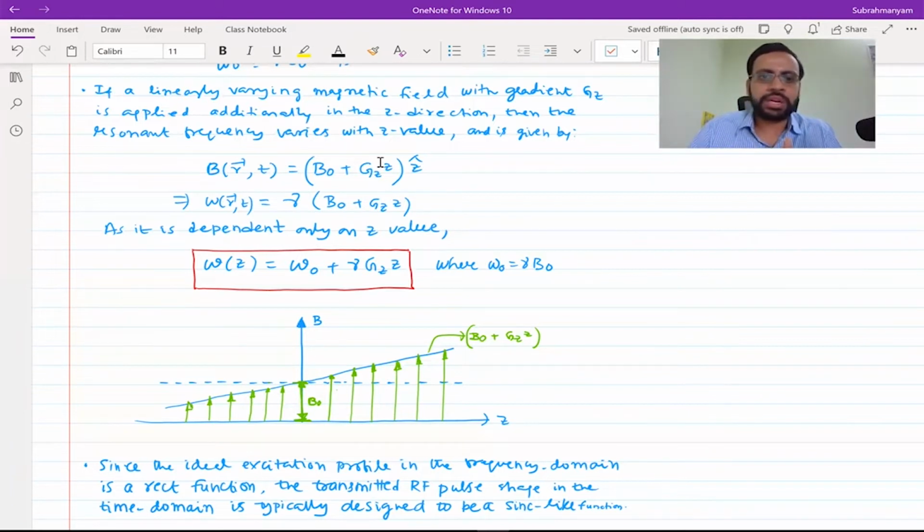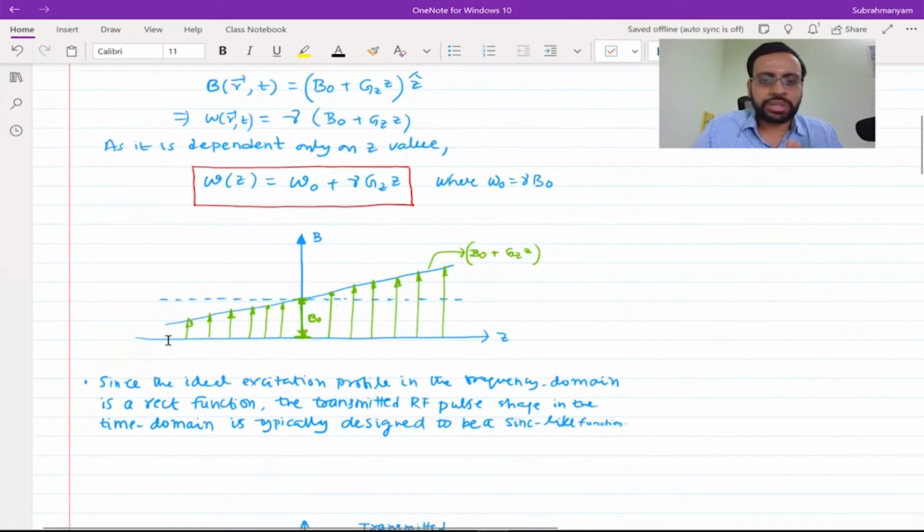Once you know the magnetic field, you know how to compute the frequency at which these spins resonate. That's gamma times B, which is gamma times B naught plus Gz into Z. This is the resonant frequency with which it rotates. And you could see now, for varying values of Z, this resonant frequency is different.